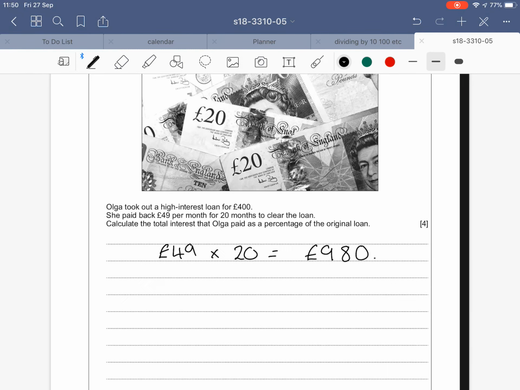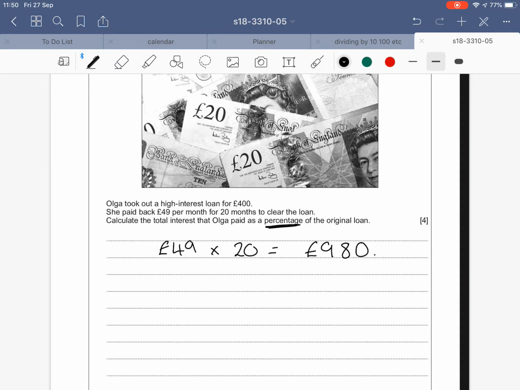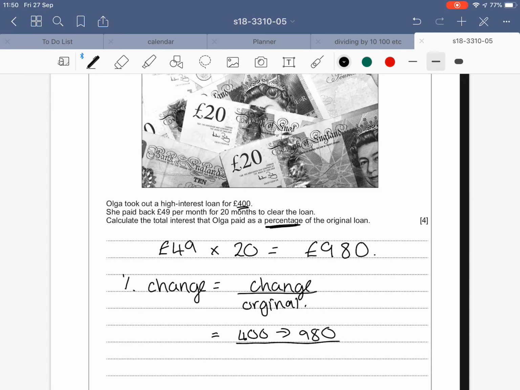So we just need to work out the percentage difference now, because we want to work out percentage change. So percentage change is the change in the prices, so the difference in the prices, over the original. So obviously the original is 400 here. So the change from 400 to 980, and the original obviously is £400, that's her loan.